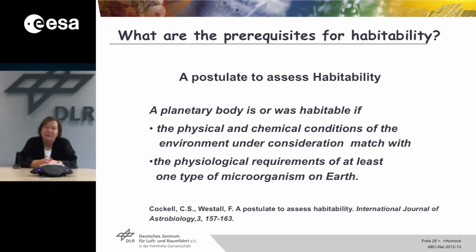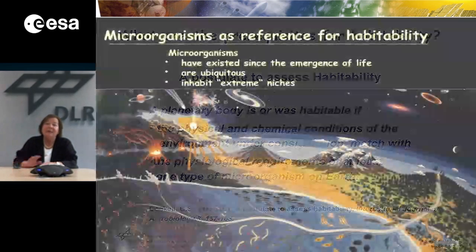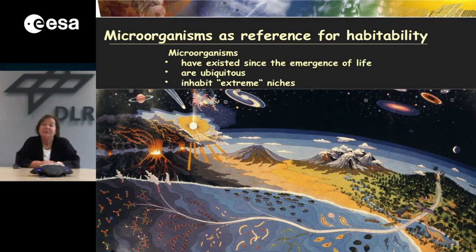Why microorganisms? If you look outside, you don't see microorganisms. The reason we select microorganisms as a reference for habitability is that microorganisms were the first that appeared on Earth.